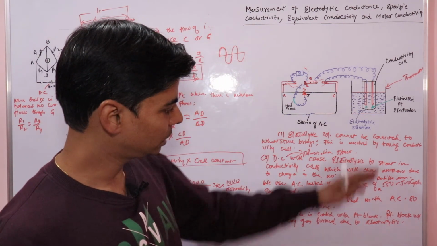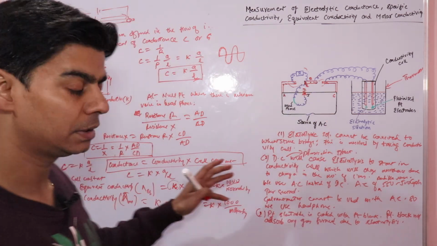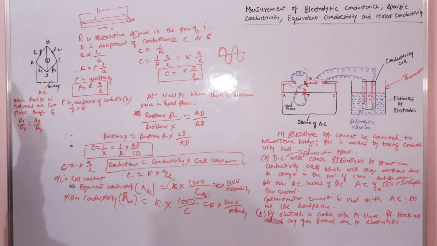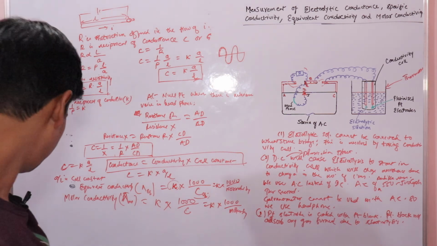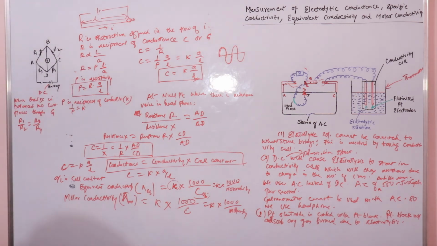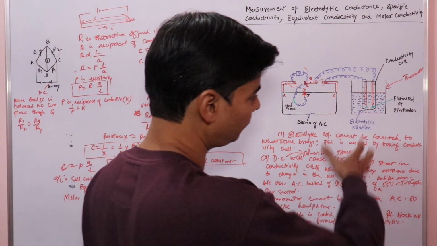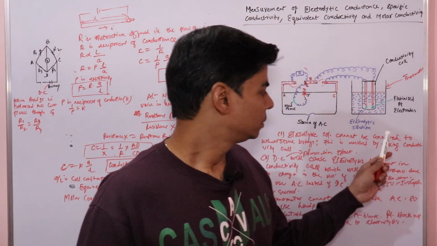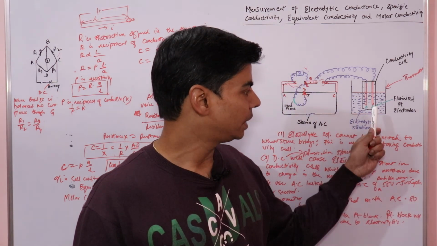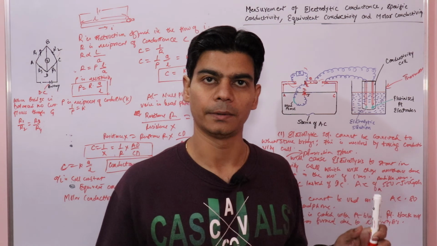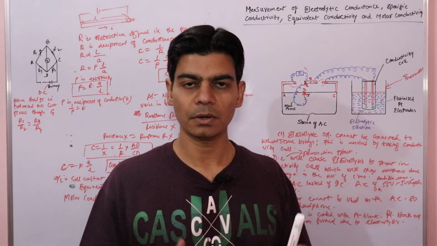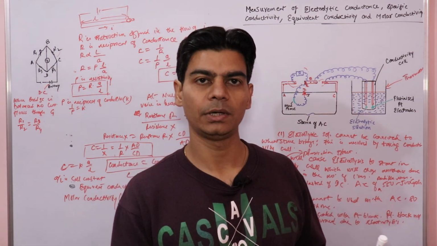But the most important thing is this experiment and the adjustments that we have made in Wheatstone bridge, right? And there is something called conductivity water. So the electrolytic conductivity that we have got for this electrolyte is the conductivity of water plus conductivity of electrolyte.